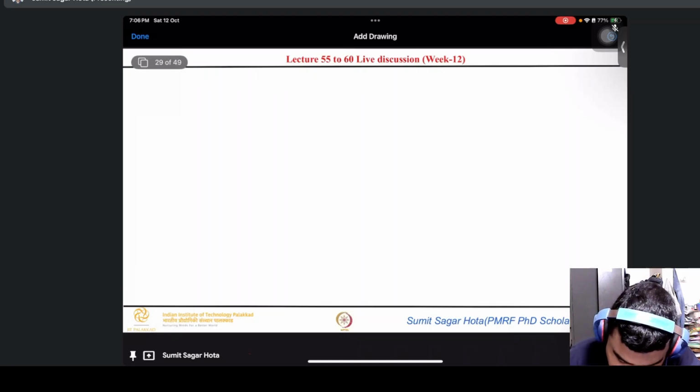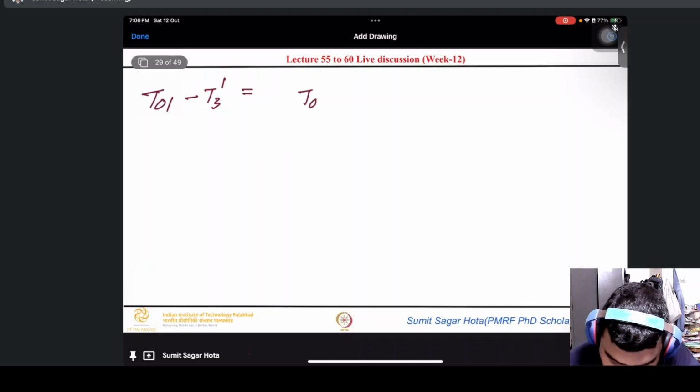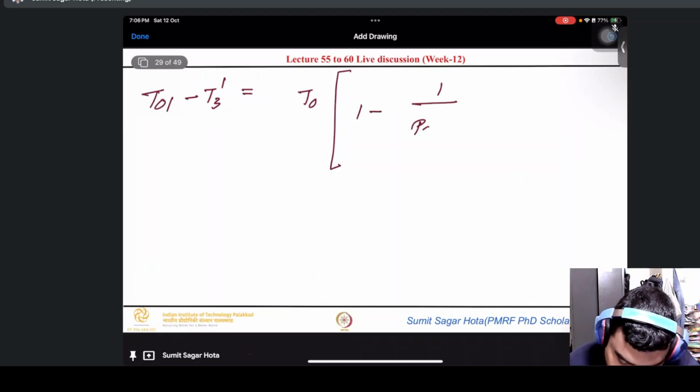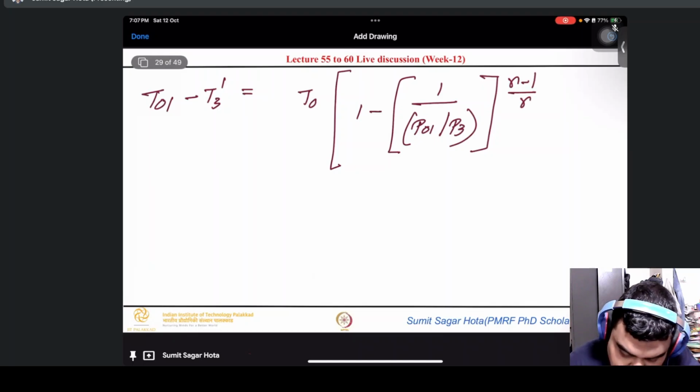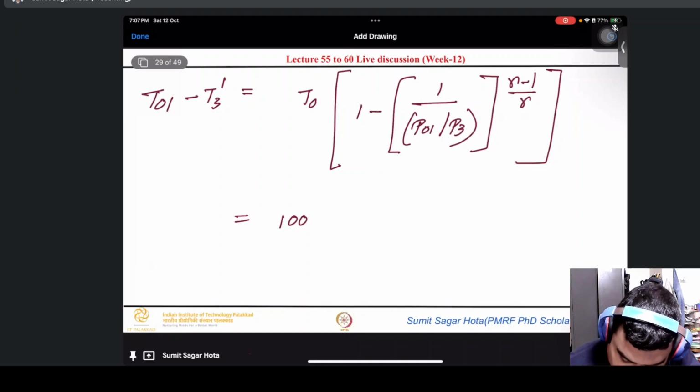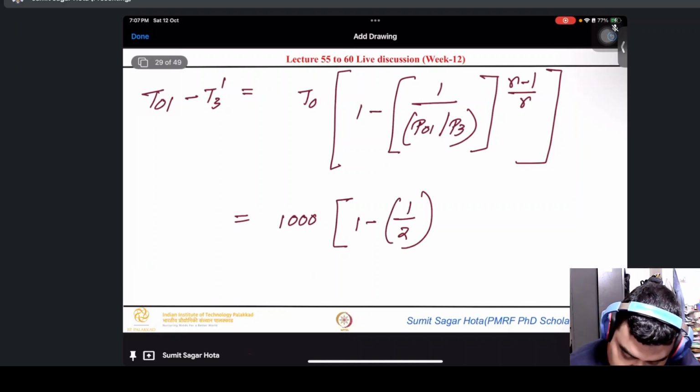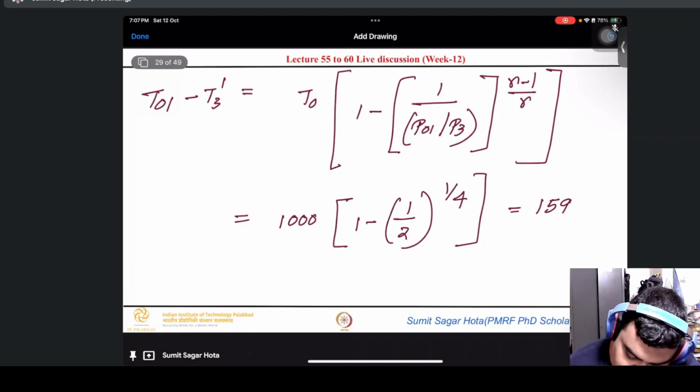Okay, the formula is T01 minus T3 dash is equal to T01 into 1 minus 1 by P01 by P3 to the power gamma minus 1 by gamma. Okay, that's equal to, substitute the values, 1 minus 1 by 2 to the power 1 by 4, 159.1 Kelvin.